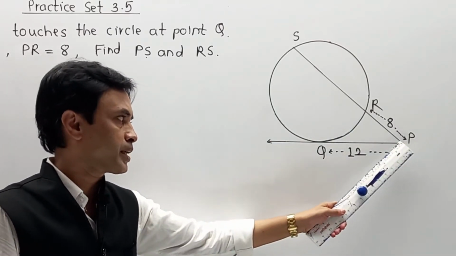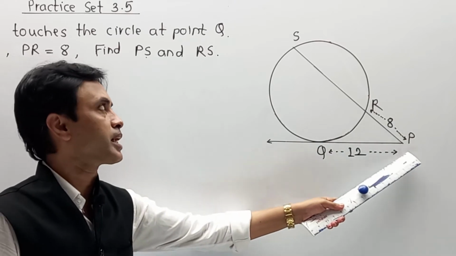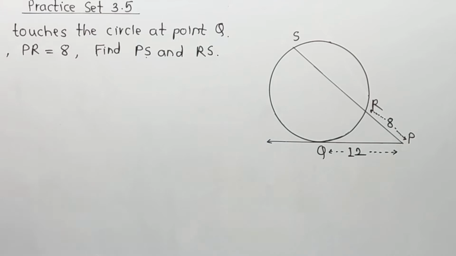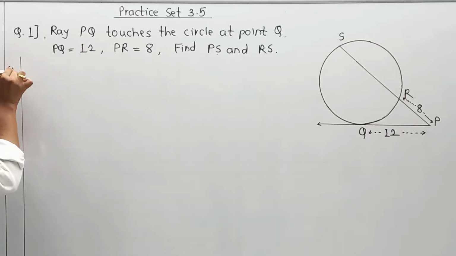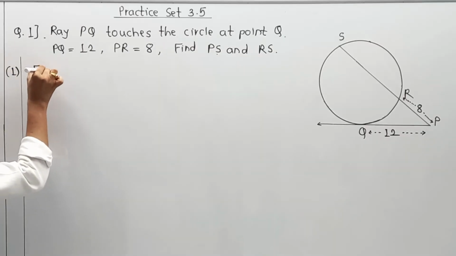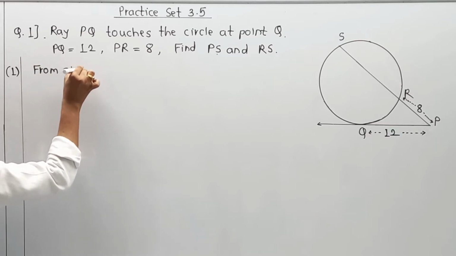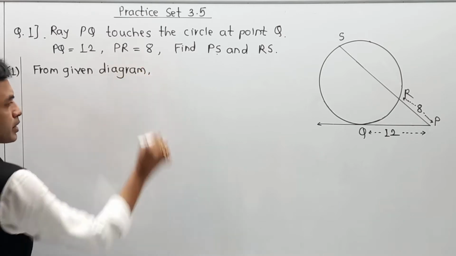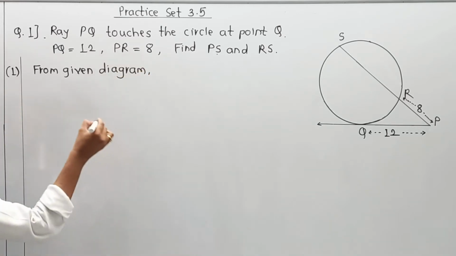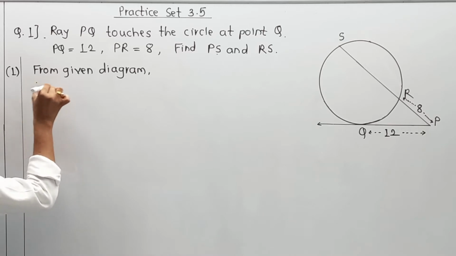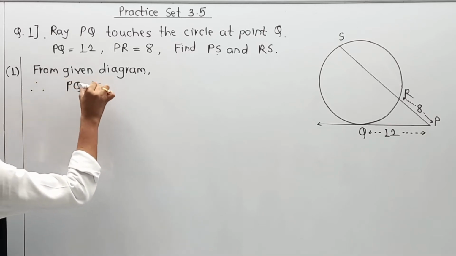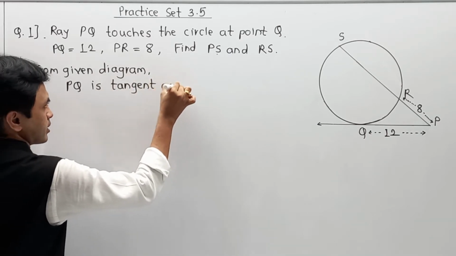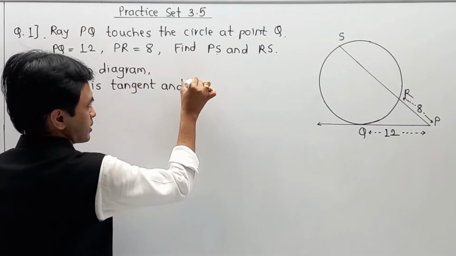Now one by one, here PQ is nothing but a tangent and PS is nothing but a secant. So I am going to write it part by part. First, from the given diagram, PQ is tangent and PS is secant.